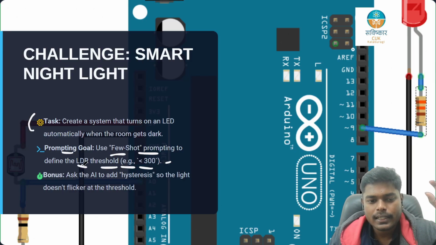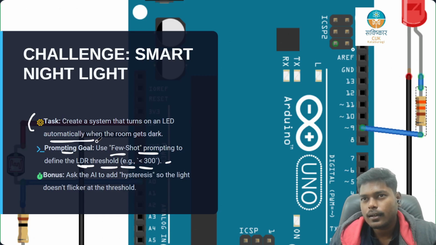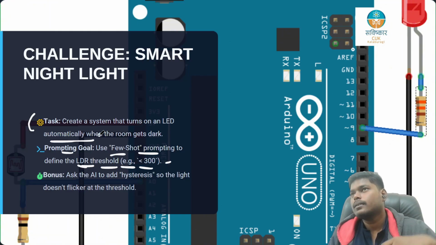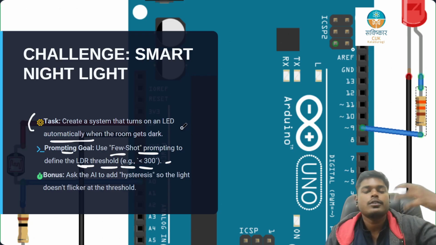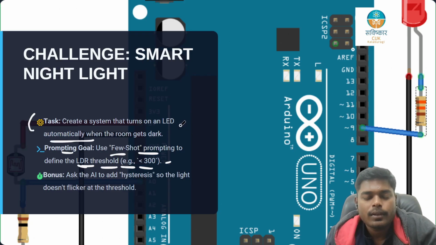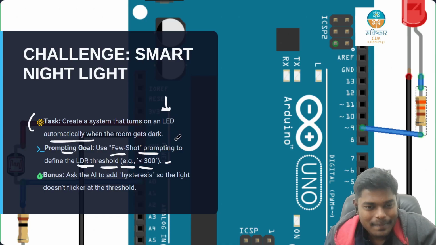And whenever the LDR sensor value is greater than 300, the LED should turn off. So it will be a basic automatic room light system. Whenever the room is darker or the sunlight is gone, the LED should turn on by itself. And whenever there is more light, or sunrise, or the sun is present, the LED should turn off, in order to save electricity.